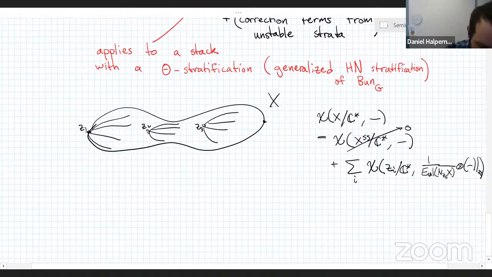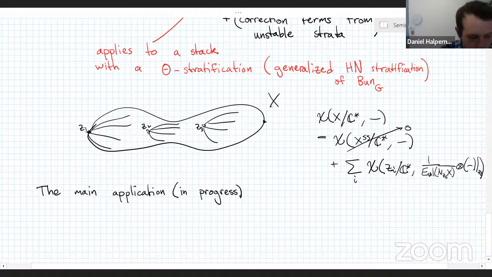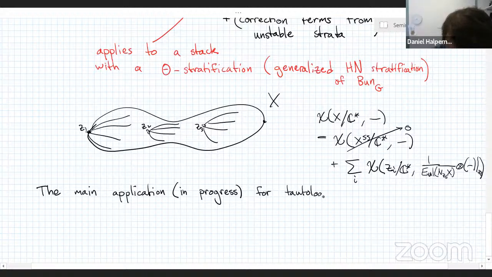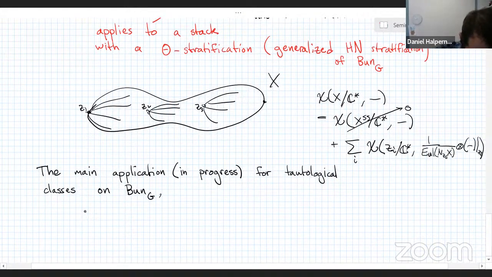So yeah, I should say that the main application here, I should say in progress, because this part of the paper is still a little bit of a mess, but the main application is that for tautological classes on Bun G, the point is that the correction terms vanish if you tensor with a line bundle with a sufficiently high level.